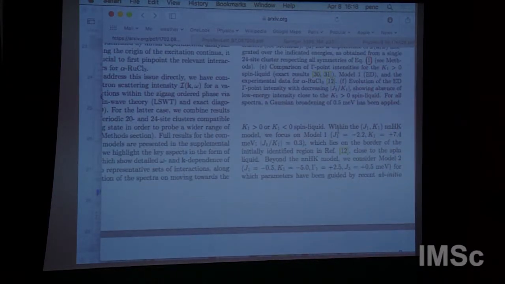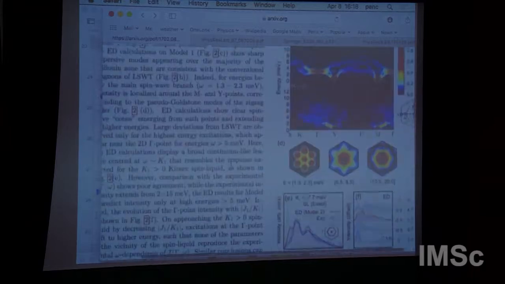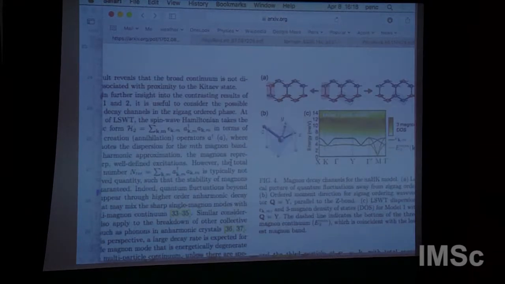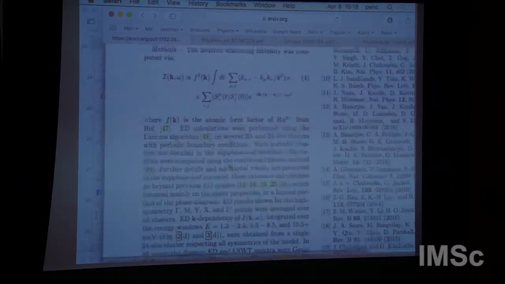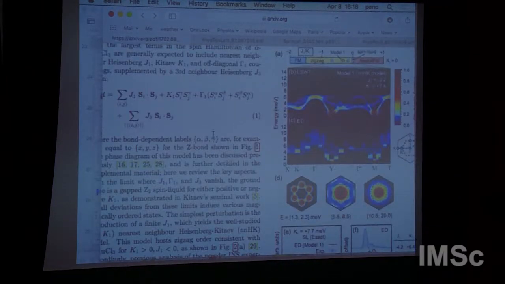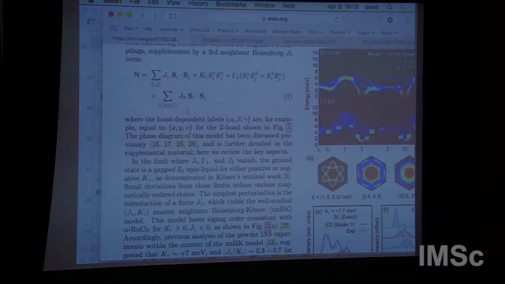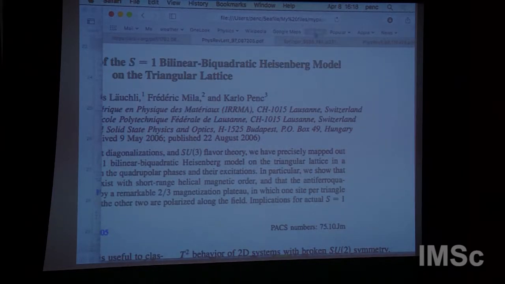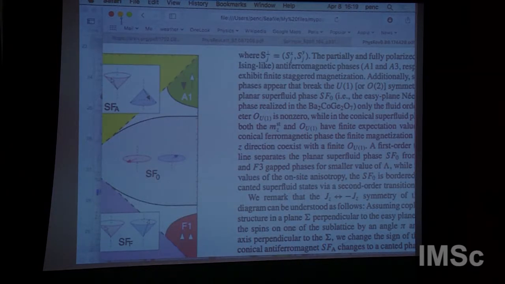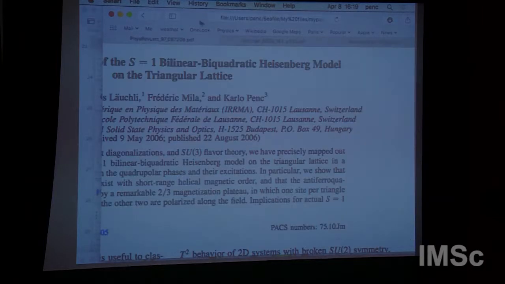Model 1: J 2.2, K 7.4, gamma minus 2. Okay, this is slightly different. Anyway, you find some numbers in this paper. I didn't read this paper carefully, so I don't know what they compare. Okay, good. So here we were. This I can close now.